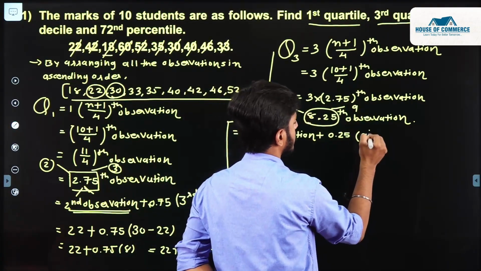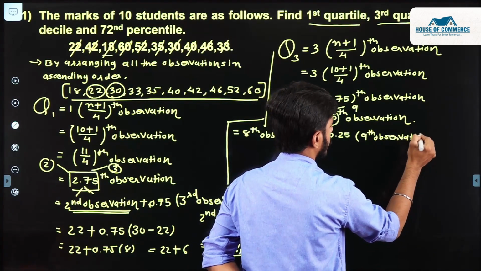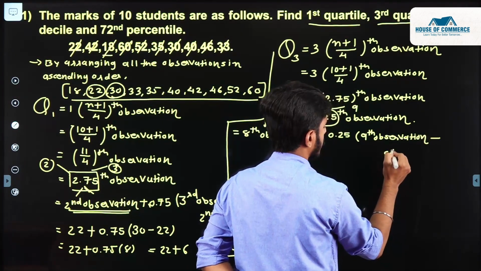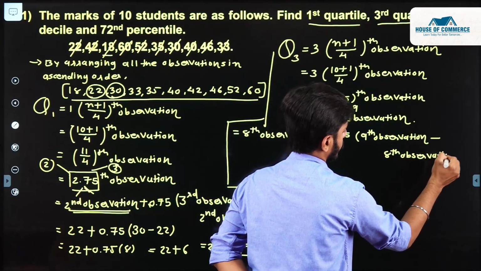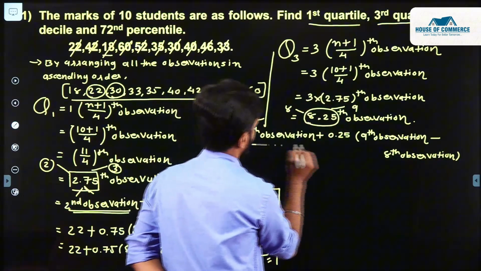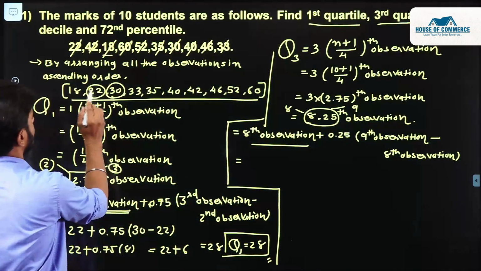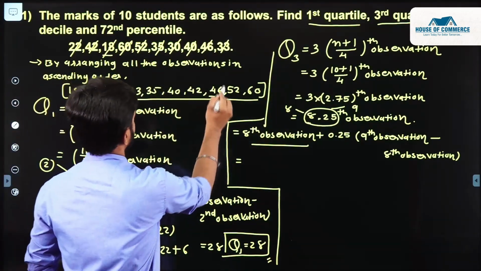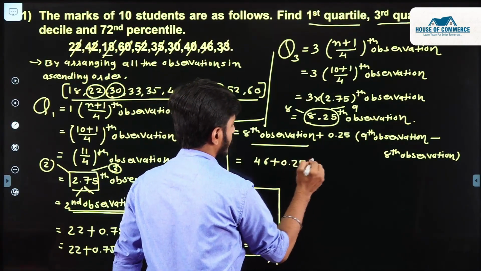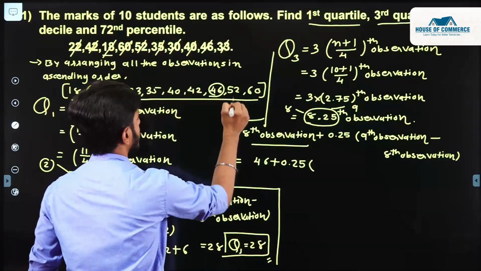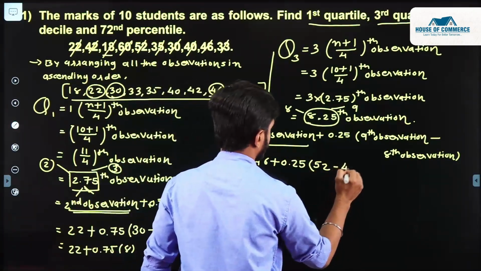It is the 9th observation minus the 8th observation. So what is the 8th observation? From the list in ascending order, 1, 2, 3, 4, 5, 6, 7 and 8, it is 46 plus 0.25. What is the 9th observation? It is 52. So 52 minus 46.